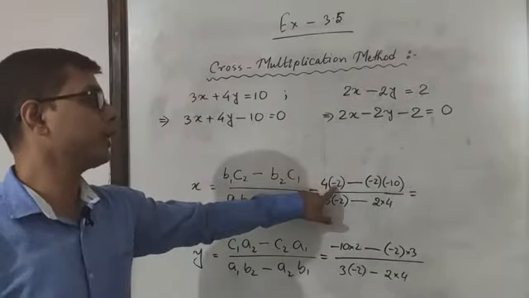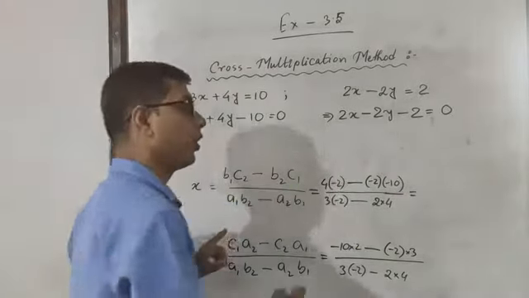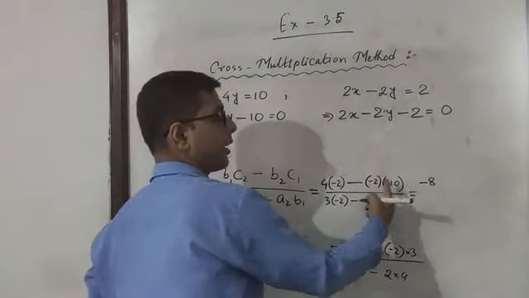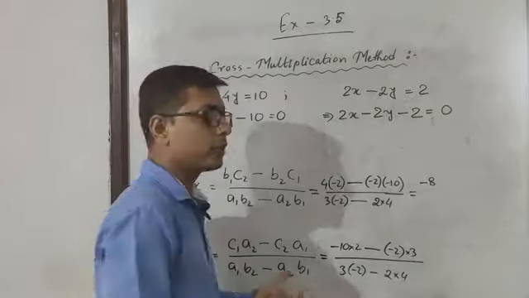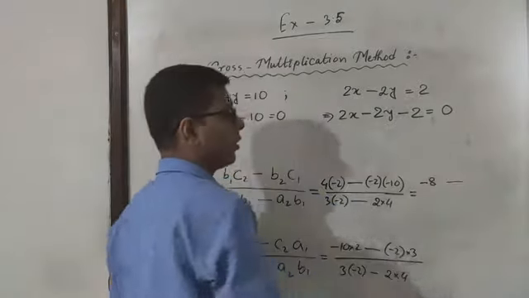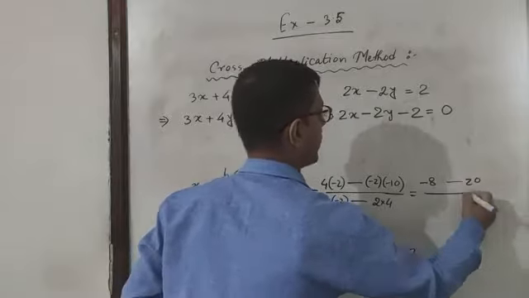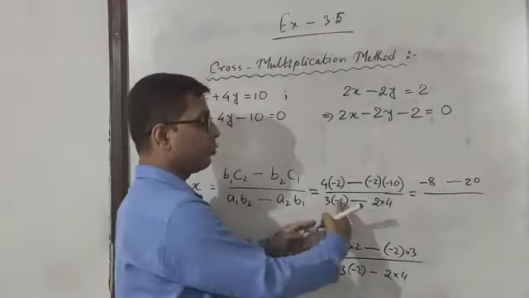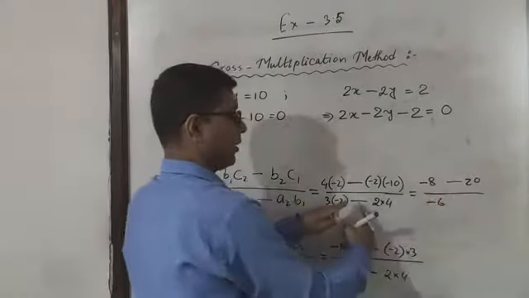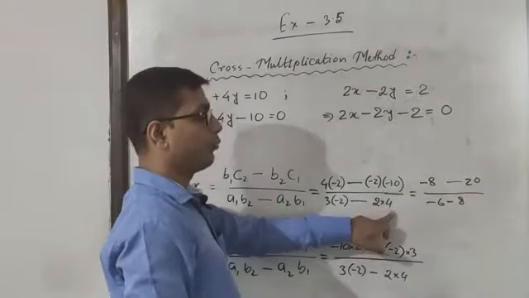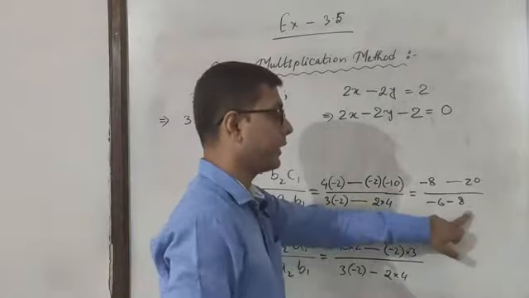4 into minus 2, 4 times minus 2, that is minus 8. Minus 3 times minus, so it will be minus only, 2 times 10, that is 20. By 3 into minus 2, that is minus 6, minus 2 into 4, 2 times 4, that is 8.